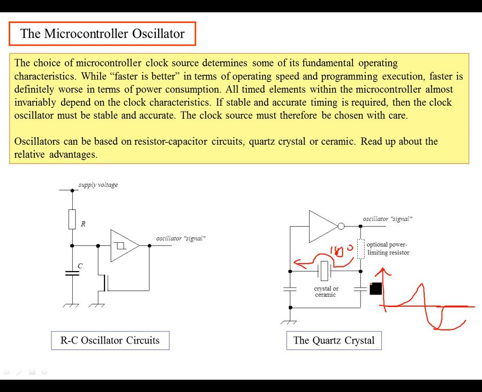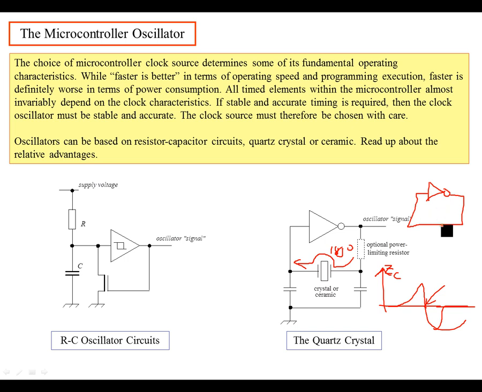At the series resonant point it's going to pass current. That's going to be here in the middle, so it's going to be zero impedance. So if this is the impedance of the crystal, then at the series resonant frequency it's going to pass current, but 180 degrees out of phase. So it's basically going to essentially be two inverters, 180 degrees out of phase. It's going to pass that voltage.